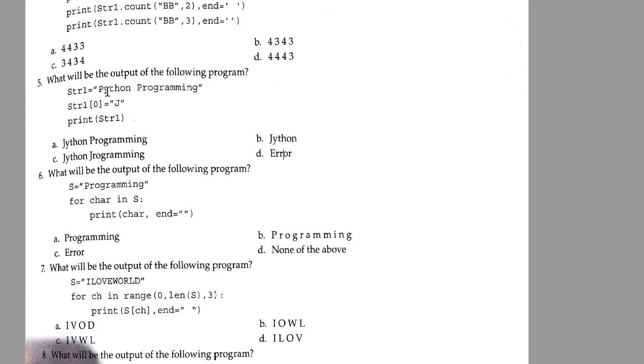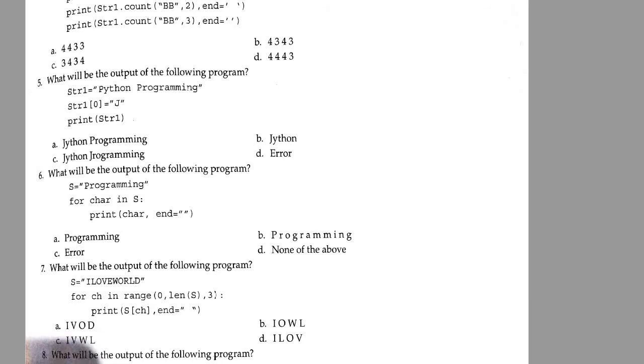Next, what will be the output of the following program? Here you will see the program written over here. For char in S, a for loop is here, print char. Okay, so this is a program for traversing a string.